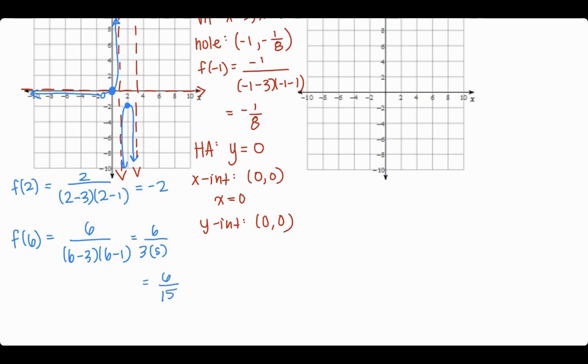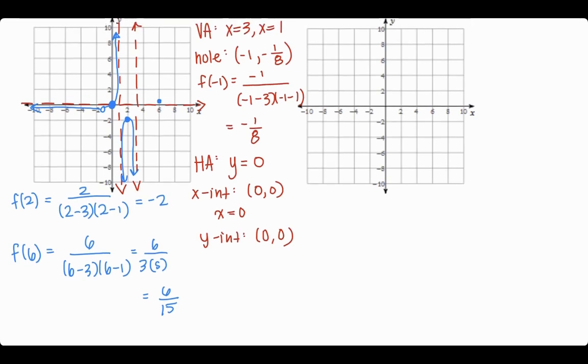Somewhere, we just know that it's going to be a positive number. Will I cross the x-axis in this section over here? Anywhere? No. So I'm never going to cross the x-axis. So my graph is going to end up doing something like this.